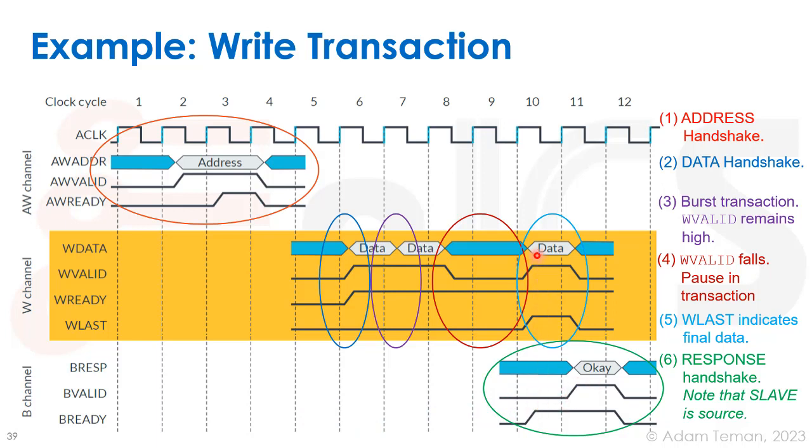What is interesting is that once the last signal was raised by the master, the B ready was raised by the master, saying, now I finished my transaction and I'm waiting for you to acknowledge that you finished the write on the slave side. The slave, which is now the source of this operation, only finishes on the next clock cycle and then raises B valid, and then they both can finish the handshake and the transaction.